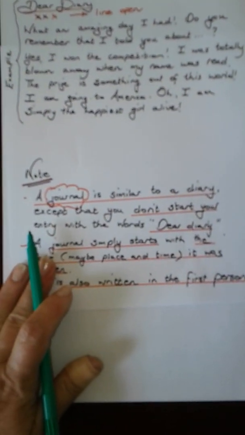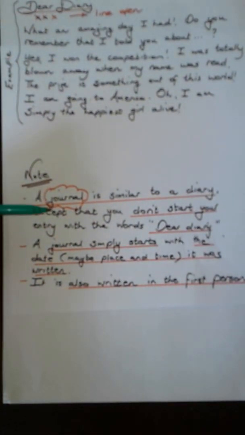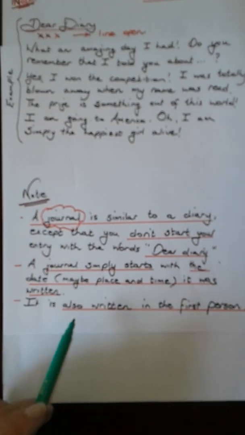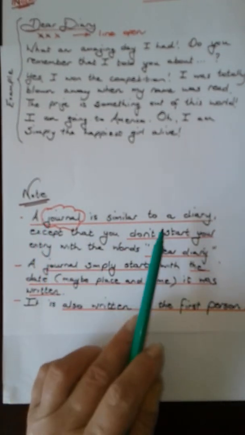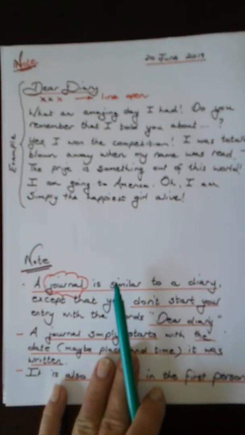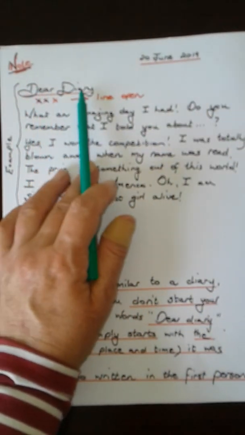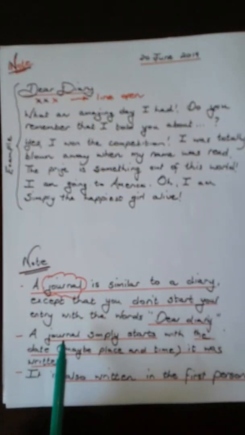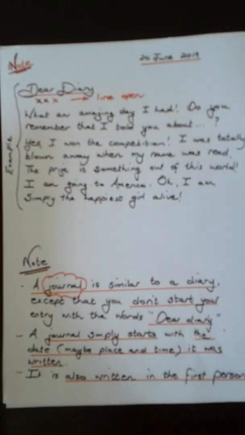Now, what is the difference between a diary and a journal? If you are asked to write a journal entry, it is very similar to a diary, except that you will not start your journal entry with the words Dear Diary. You will only have the date, and then you will simply start with the time and the place where something happened, but you will also write in the first person.